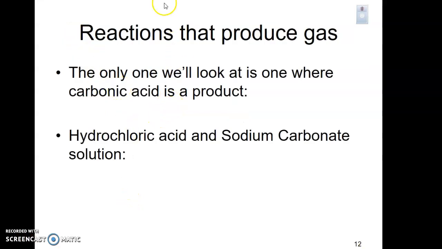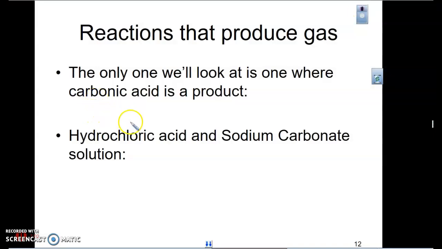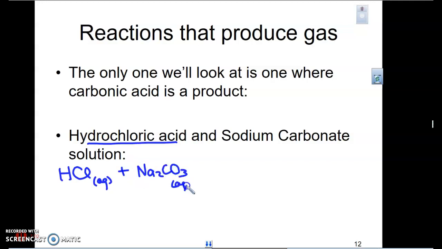All right, we're only going to look at one because it has a lot of implications biologically and a lot of different things. But there are, of course, other ones that form gases. But we're going to take a look at something that has an acid. Okay, so I chose hydrochloric. It could be nitric. It could be anything. And then something carbonate. I chose sodium.